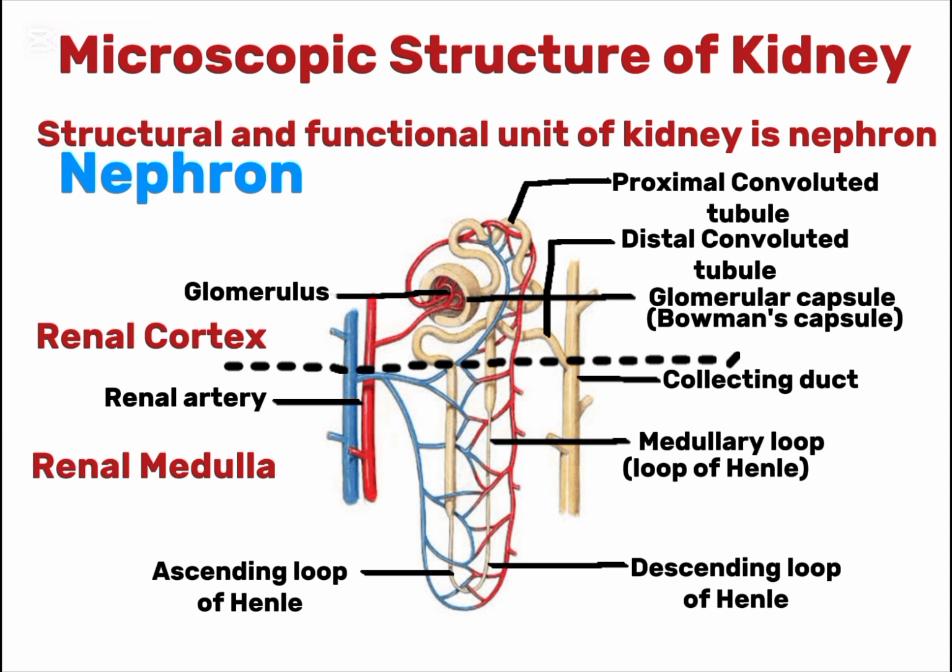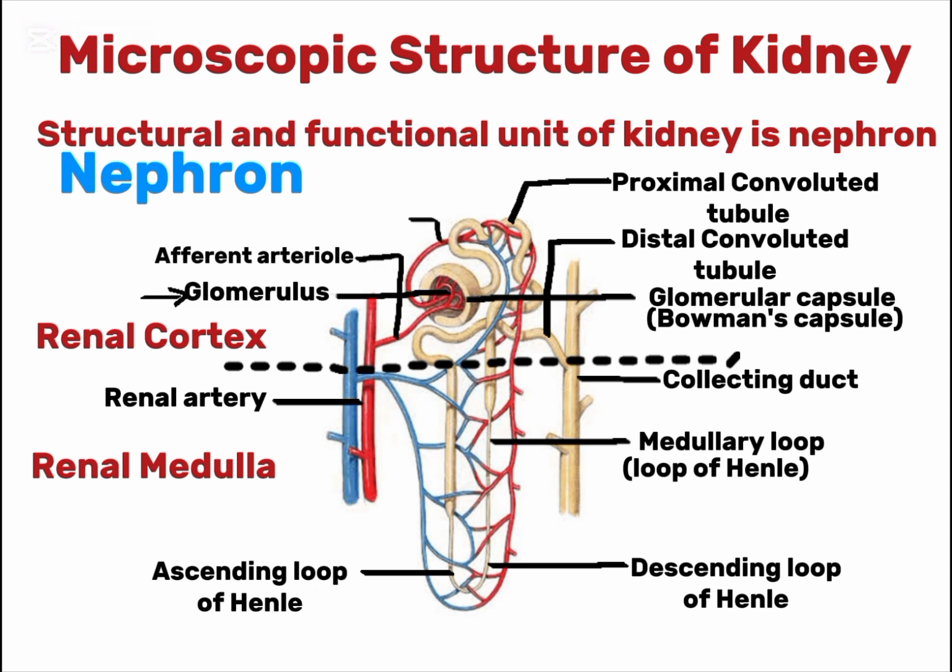A renal artery, after entering the kidney at the hilum, divides into various smaller arteries and arterioles. In the cortex, an afferent arteriole enters the glomerulus and then subdivides into the tiny arterial capillaries that form the glomerulus.